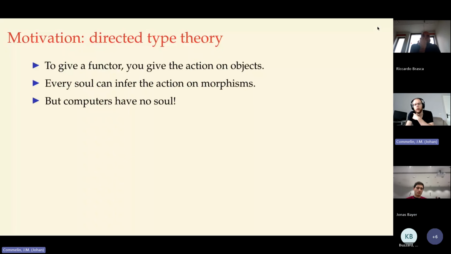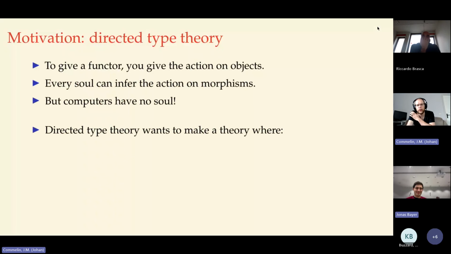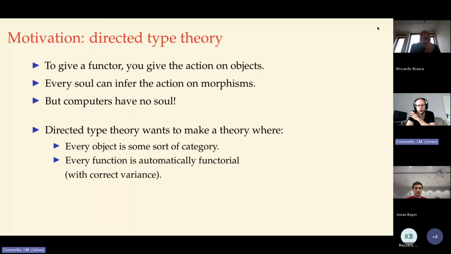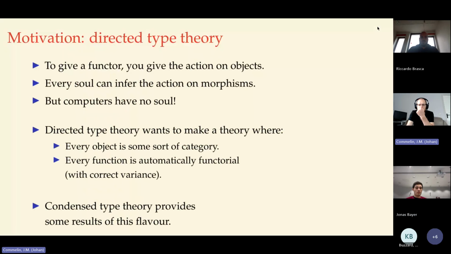But computers don't have a soul. So directed type theory wants to make something in which every object that you work with is some sort of category, and every function is automatically functorial with the correct variance. So somehow the system will be able, sort of from the syntax, to infer how everything is functorial. And so condensed type theory provides some results of this flavor, and we'll get to that later on in the talk.